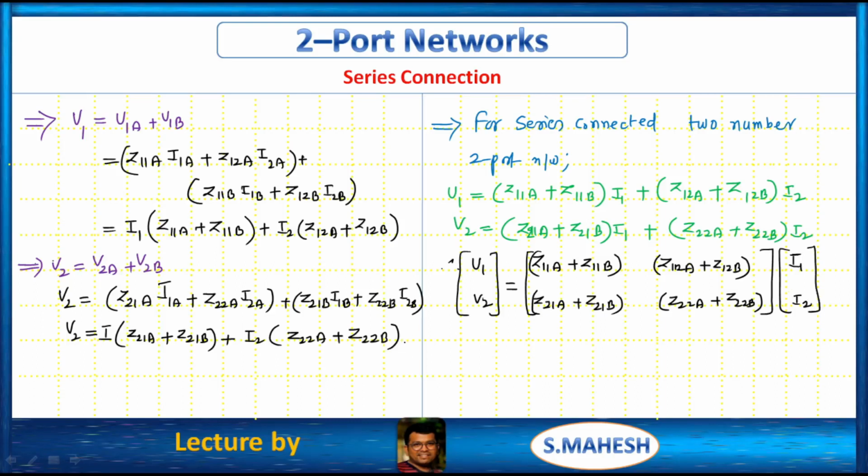So from this we can conclude that the overall Z parameter matrix for series connected two-port networks is simply the sum of Z matrices of each individual network.